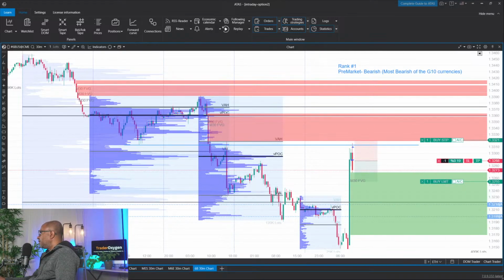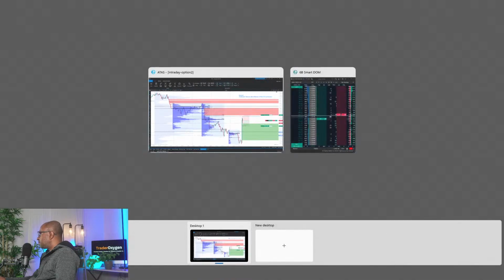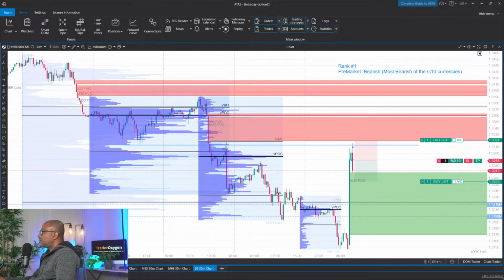Let me check a couple of other stuff. The market sentiment was down for the British pound futures. This is the British pound futures chart.